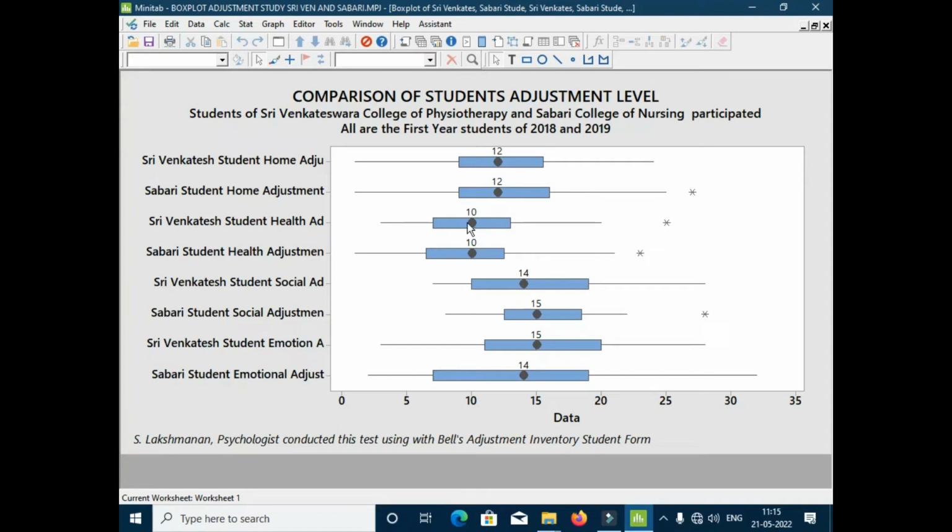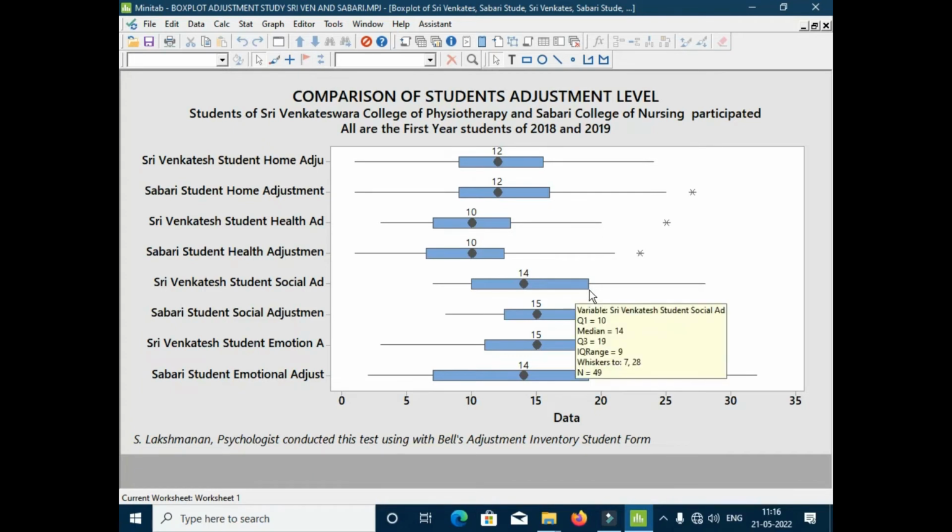You see the same median level, and some students have outlier, abnormal scores in both colleges. Then in the social adjustment it is different, the median is different.